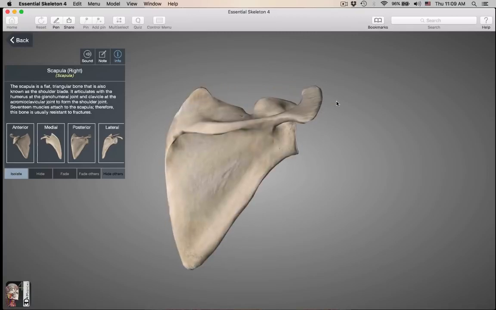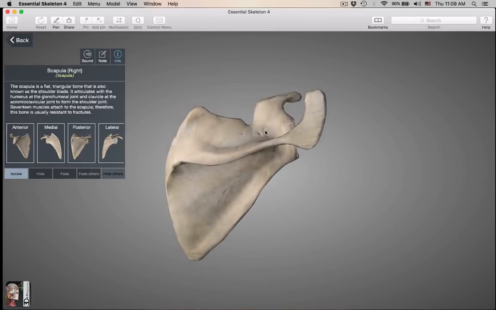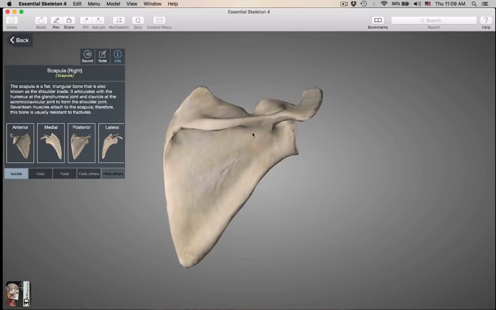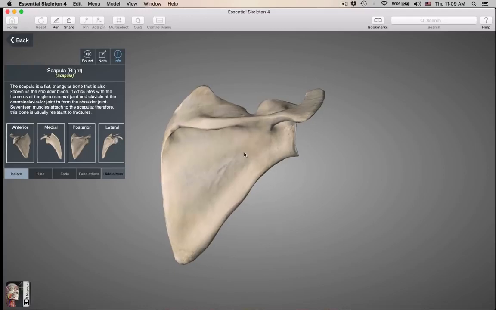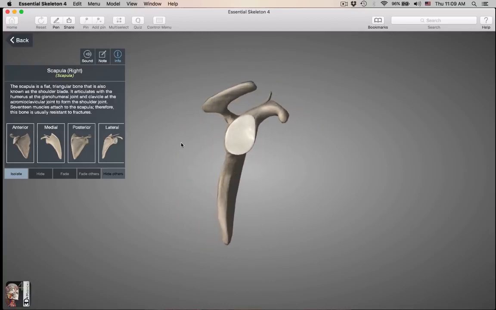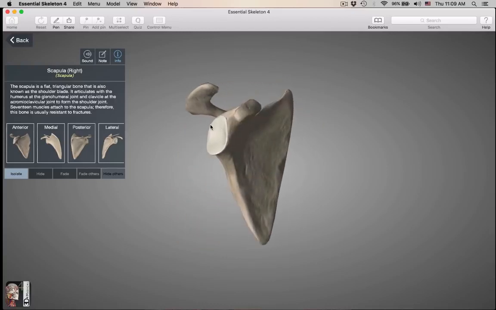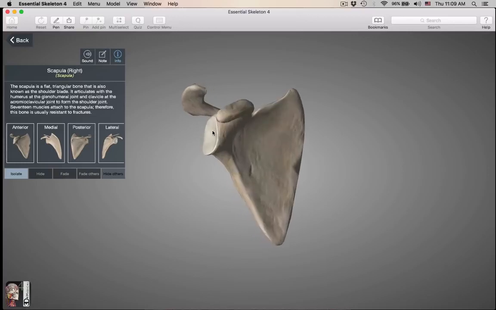Then we have the supraspinous fossa. This is the supraspinous fossa above the spine. Infraspinous fossa below the spine. The glenoid fossa right here, it's just like a shallow basin.